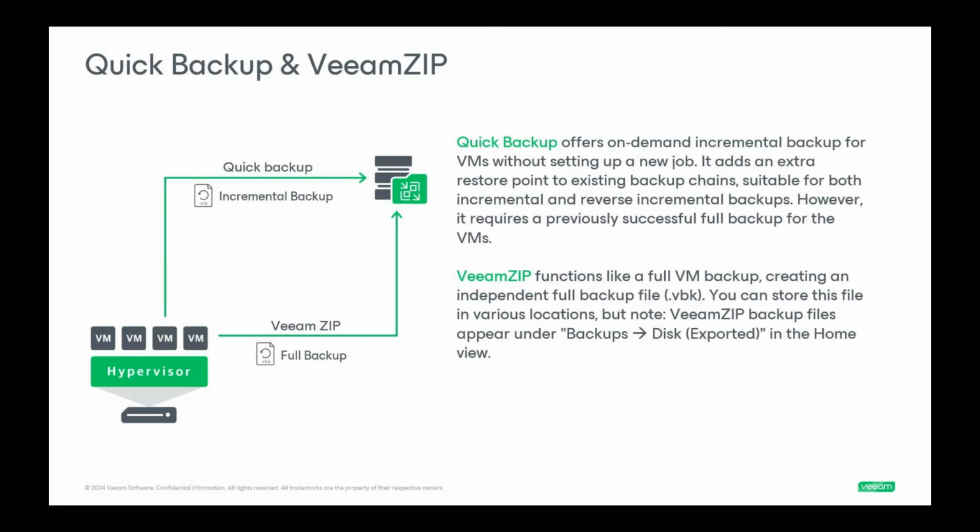Also, Veeam Zip. This one is very handy. It creates a full backup of a single VM or multiple VMs without running an entire backup job. Let's go through the scenario. We're going to shut a server off and decommission it tonight.